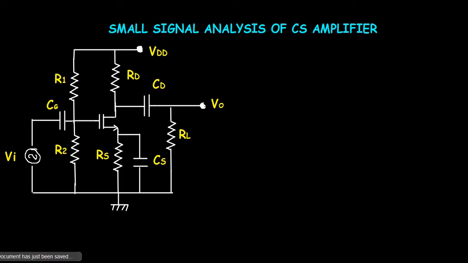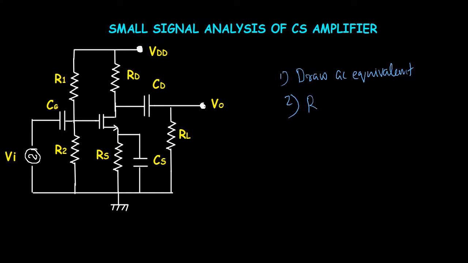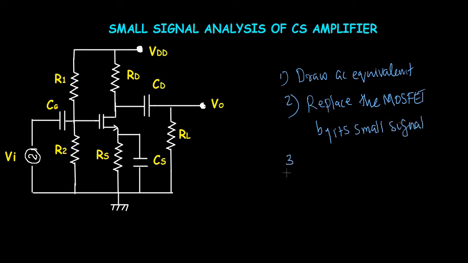There are some steps we already studied in the small signal analysis of the common emitter amplifier. At that time I told you there are 3 steps in small signal analysis. The first step is to draw the AC equivalent of the circuit, the second step is to replace the MOSFET by its small signal model, and the third step is analysis.